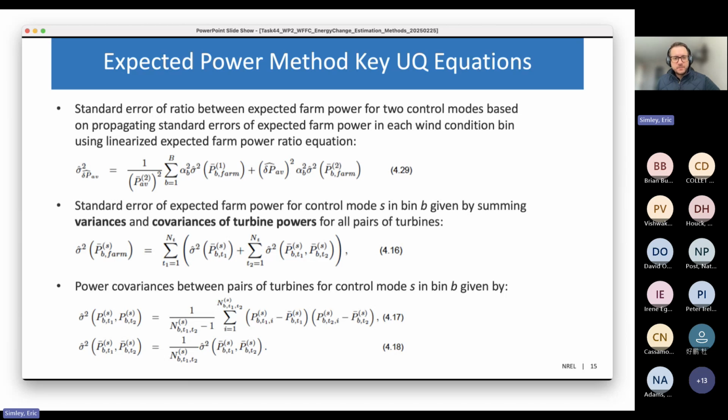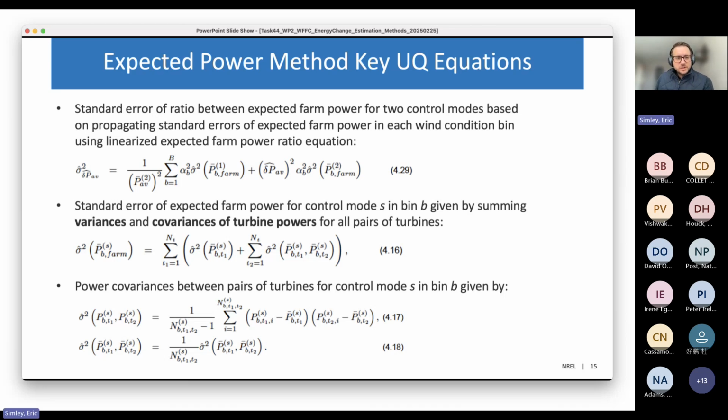So again, the difference in this approach is it does not use bootstrapping, but it propagates the standard errors of the power in each wind condition bin during the two control modes, uses a linearized form of the wind farm power or wind farm energy uplift equation to then approximate the standard error or the variance of the estimated change in power or change in energy.